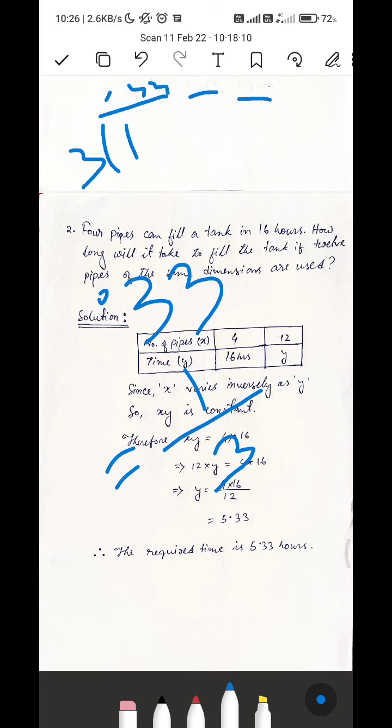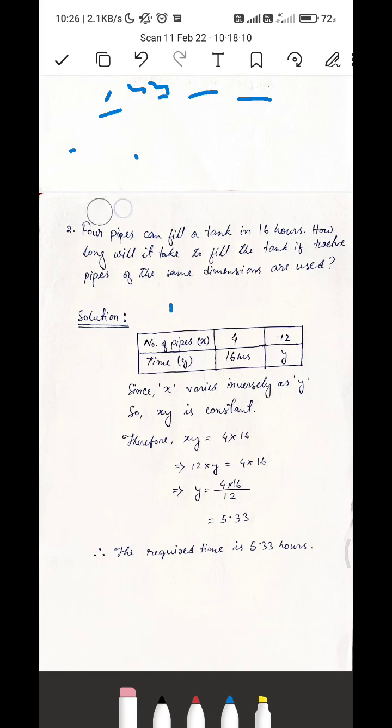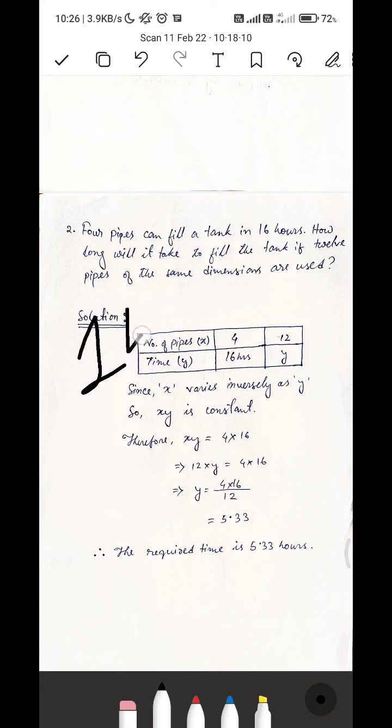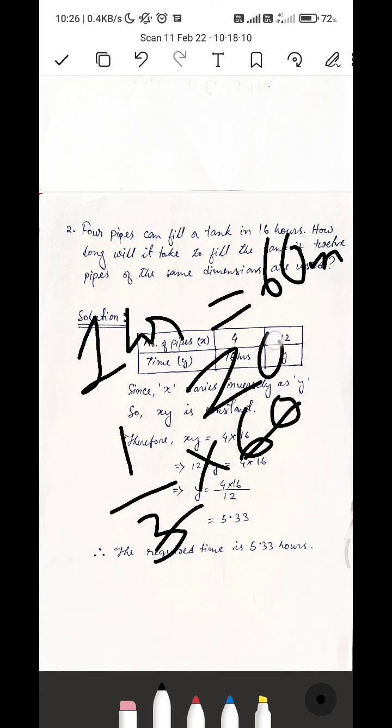It will go on till infinity. And if we just take it up to two places after the decimal, this will be 0.33. As we have come to know that 0.33 is equal to 1 by 3, now 1 hour is equal to how much? 60 minutes, right students? 1 by 3 hour is how much? 1 by 3 into 60 will give you 20 minutes. Got it, students?